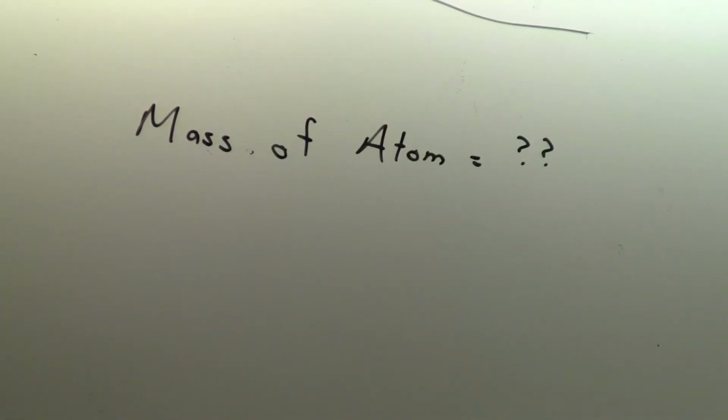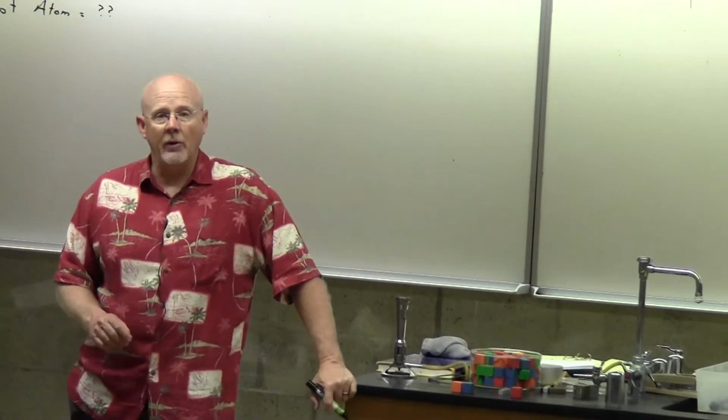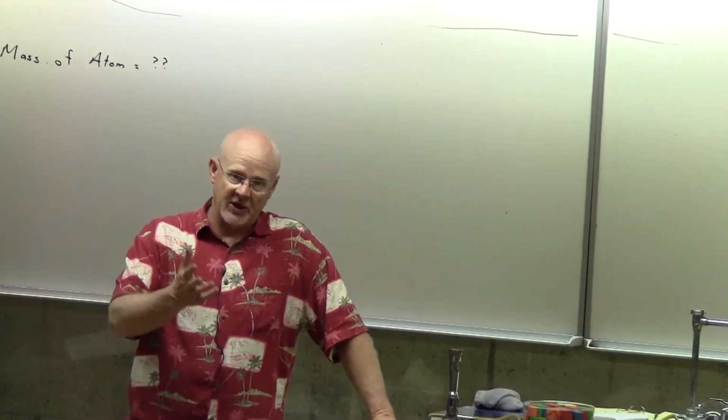Now, sadly, my analogy of humans kind of falls apart here, because the mass changes significantly from the smallest one to the biggest one. We cannot just say approximately. Where humans, well, I don't know if I want to go down that road. Humans don't vary nearly as much as the atoms do.